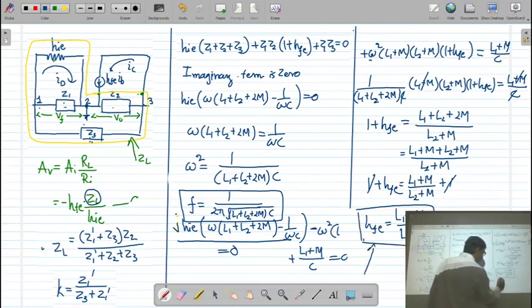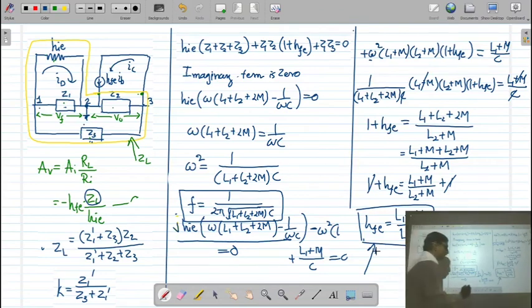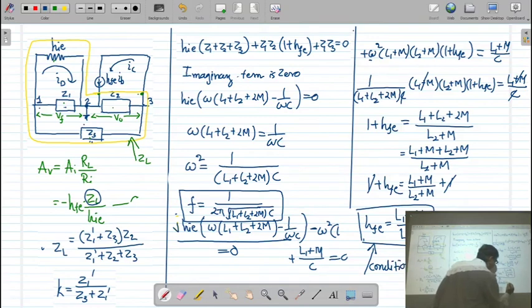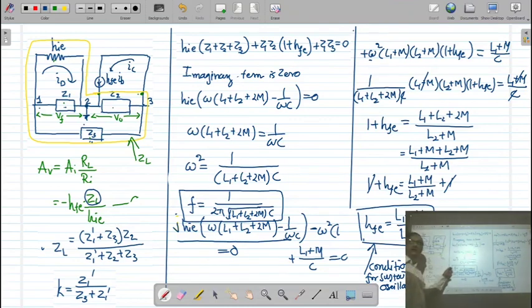Remember, this is known as the condition for sustained oscillation. Correct? So here we have calculated the frequency of oscillation, then we have calculated the condition for sustained oscillation.